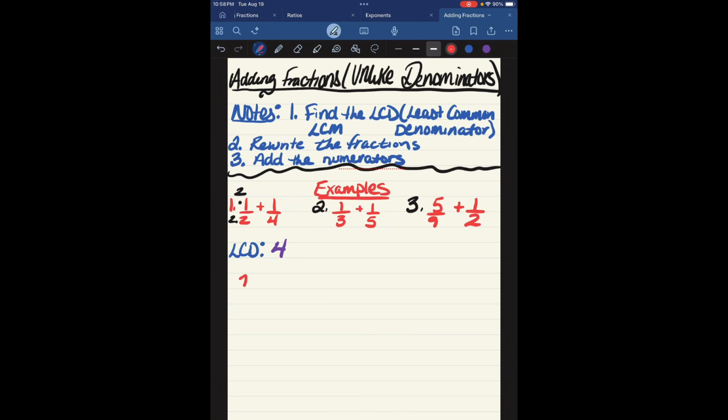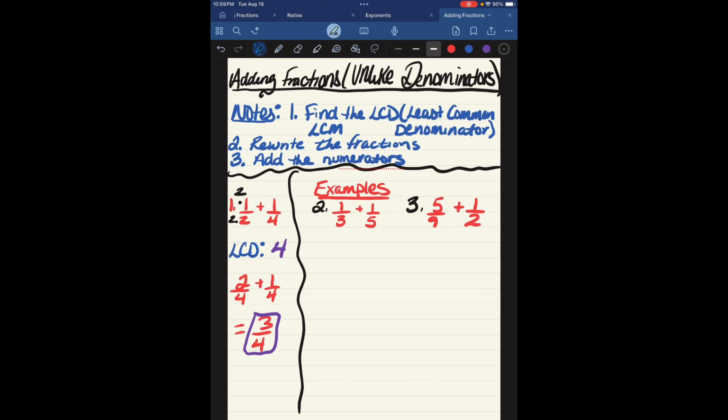So 2 times 1 is 2, over 2 times 2 is 4, then plus 1/4, because we kept the 1/4. So now we're going to keep the 4, and 2 plus 1 equals 3. So our answer for number 1 is 3/4. All right? Everybody got that so far? Cool beans.